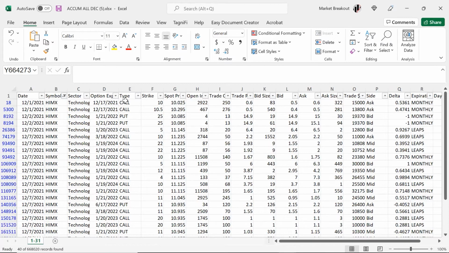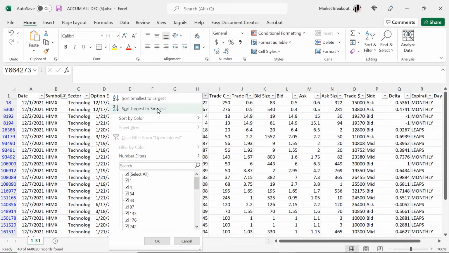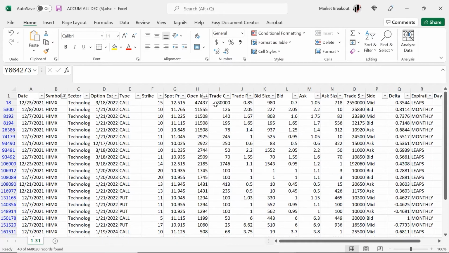Okay, March, we see 47,000 and plus today 30,000. Not bad. They accumulate.